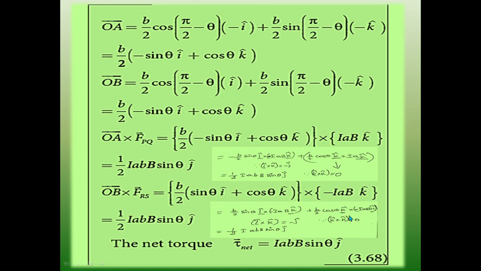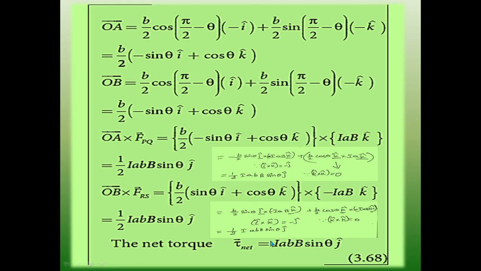Here k cap cross k cap is 0, so this term becomes 0. Here b by 2 sin theta i cap cross k cap is minus j cap. Already we have the minus sign, minus into minus is plus. So tau, that means torque, is 1 by 2 I small a small b capital B sin theta j cap.